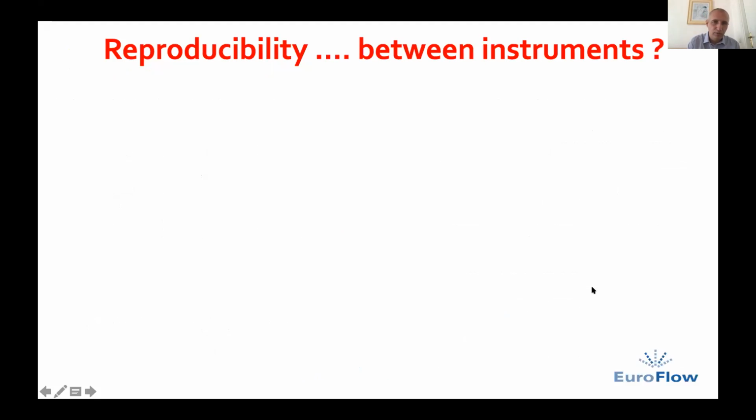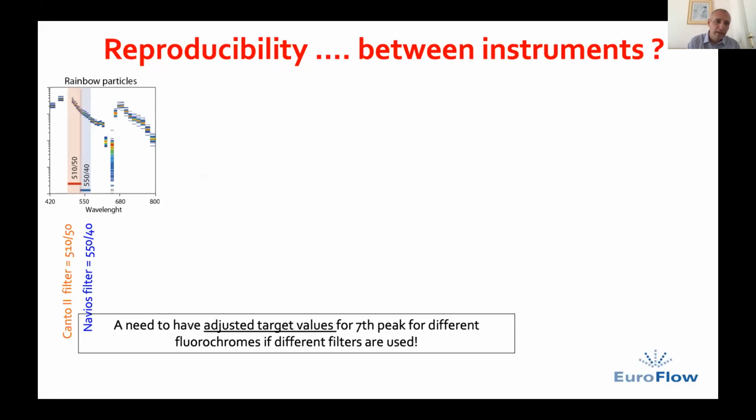And if you look at it more, what you see here is a spectrum measured on a Sony spectral cytometer out of the rainbow particles. The position of the Canto filter is depicted in red and the Navios filter is in blue. So you see that from the same beads, you have a higher level of fluorescence measured in the Canto filter.